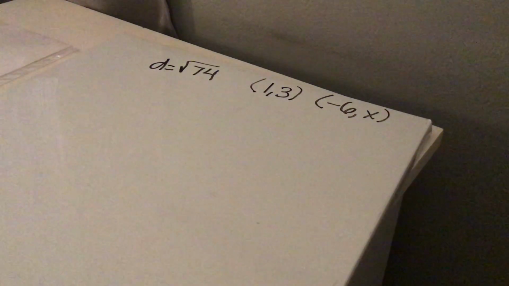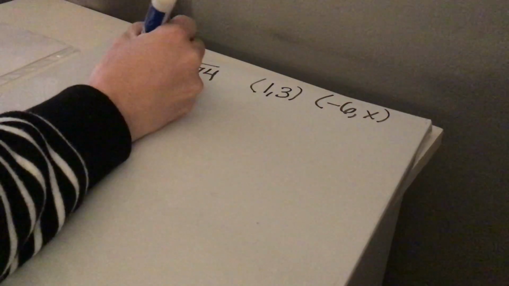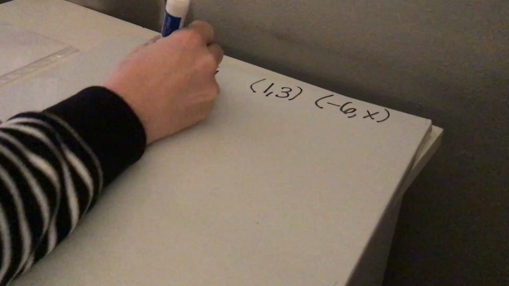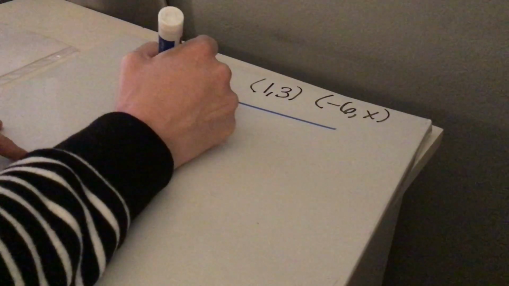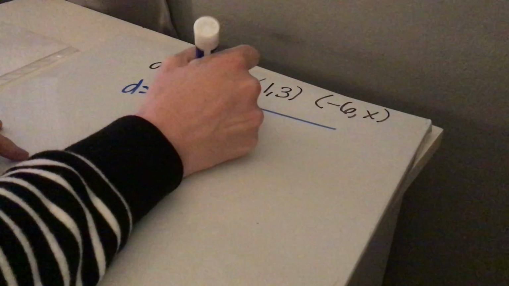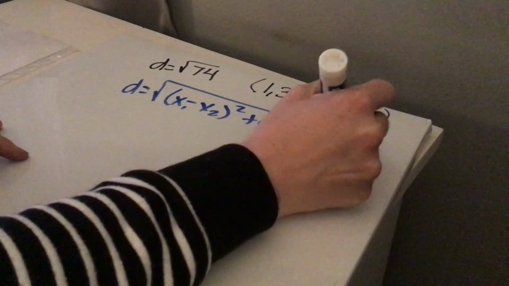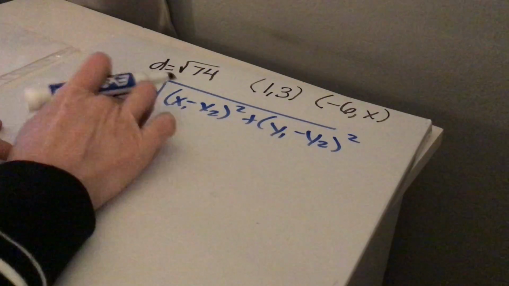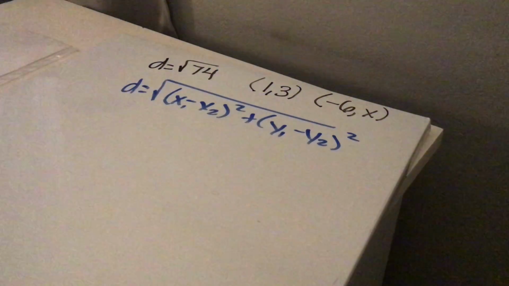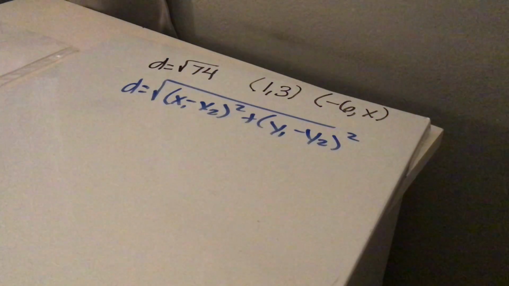The distance formula tells us that the distance between 2 points is equal to the square root of the difference in their x values squared plus the difference in their y values squared. So we're just going to plug in what we know. We know the distance is the square root of 74.